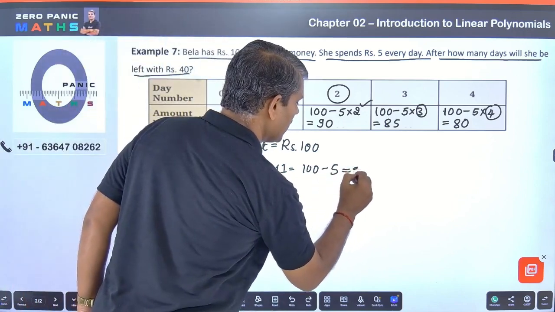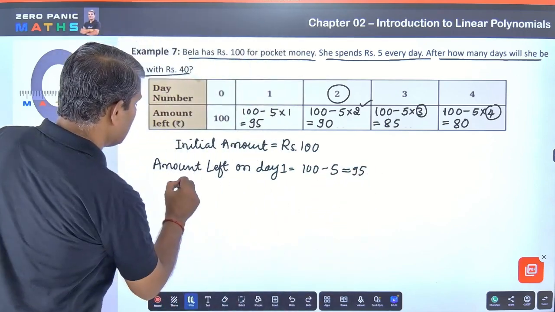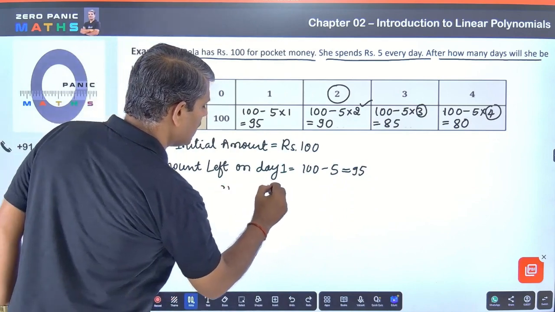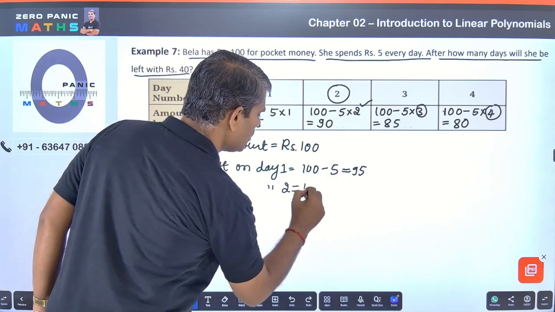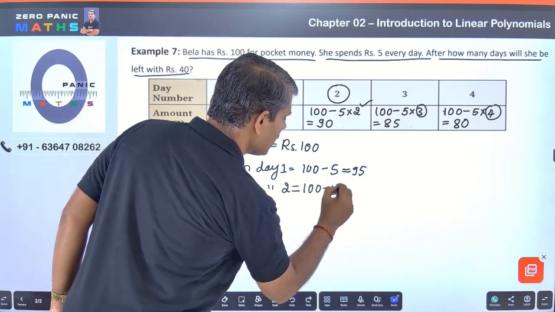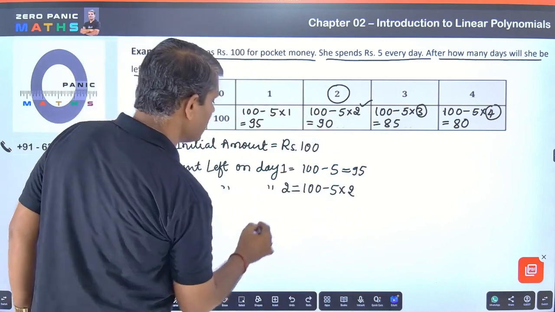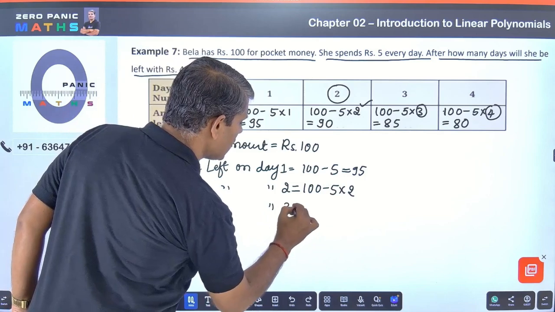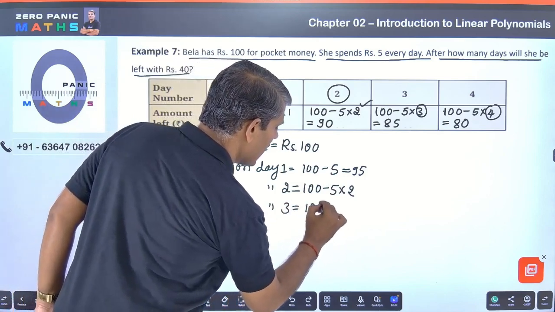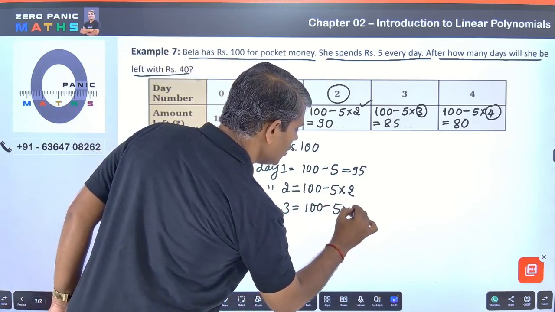Similarly, amount left on day 2 is equal to 100 minus 5 into 2, and we have the value as 90. Similarly, amount left on day 3 is 100 minus 5 into 3.